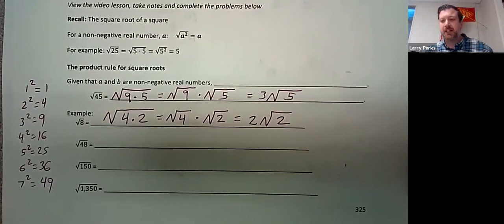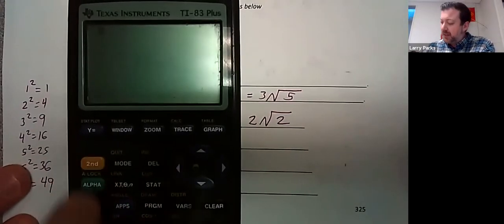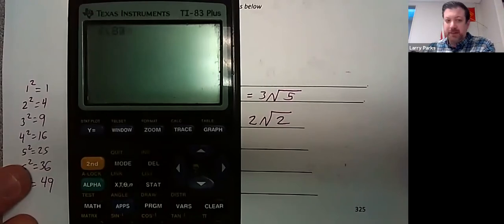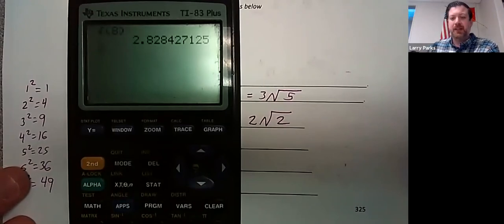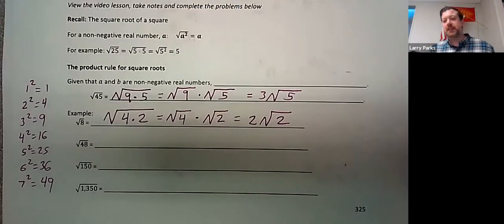So that simplifies to 2 square root of 2. Now, if you're ever unsure and they're whole numbers, you can always type it in your calculator, of course. And you can see that the square root of 8 is 2.828, and 2 square root of 2 should also be 2.828. So that's one way you can check your work when your answer is a number.